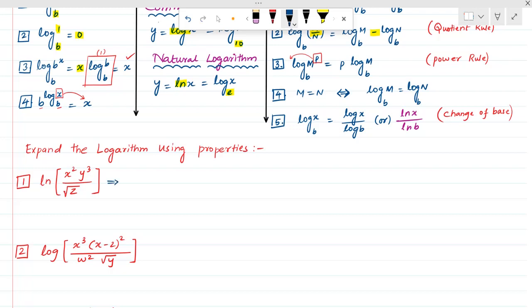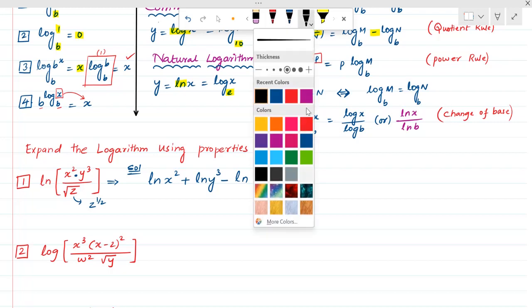So the solution is ln x squared plus, because it's a product, ln y to the power 3, minus ln z to the power half. The root I can write as z to the power half. Now this property is done. The next property: I have to bring the power to the front.